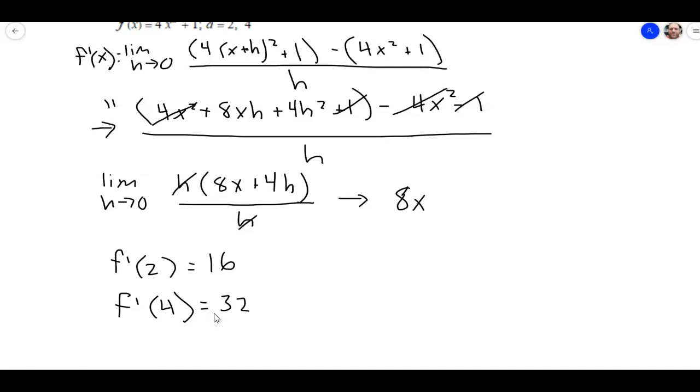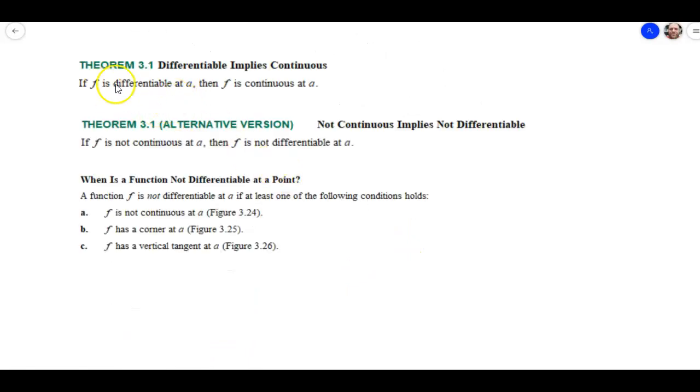This is theorem 3.1. Theorem 3.1 says if f is differentiable at a, then it is continuous at a. And we can also take the contrapositive. Those of you who may have taken some kind of discrete math or other math class may have heard of the contrapositive.